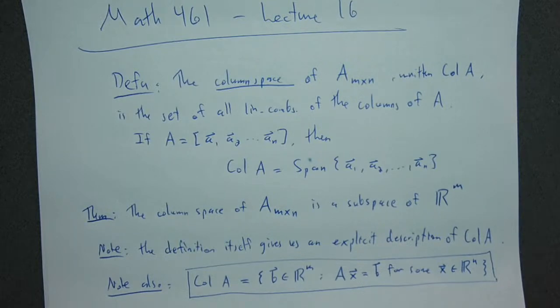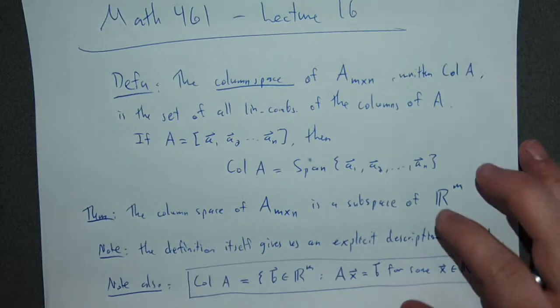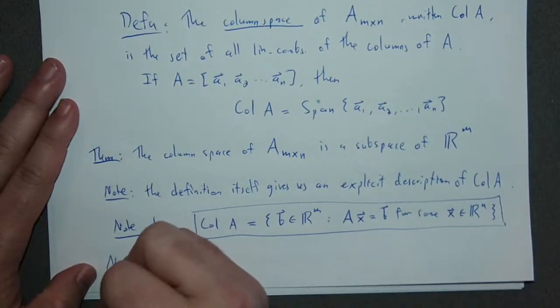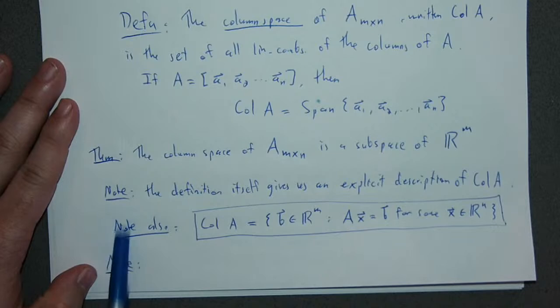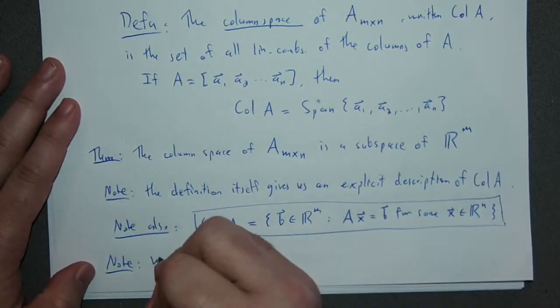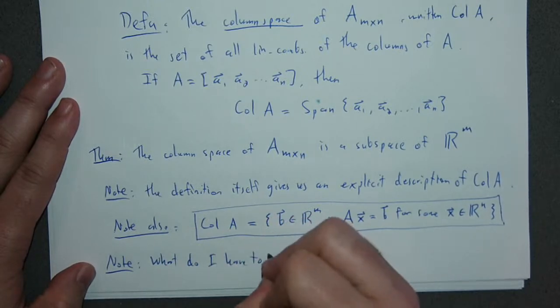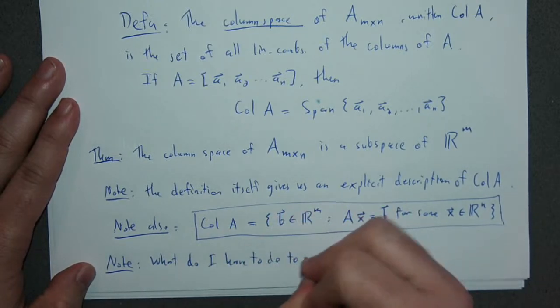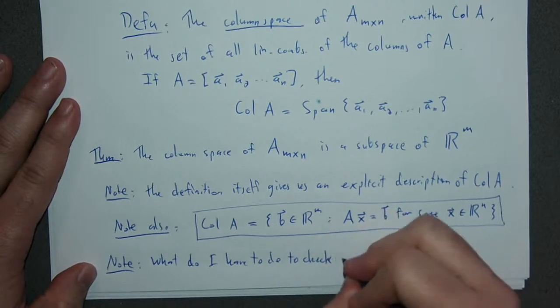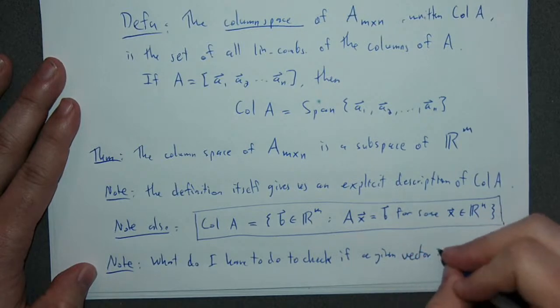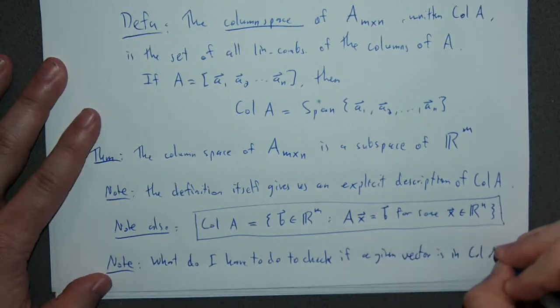So then what does this mean? Well, this means, note, three notes in a row here: what do I have to do to check if a given vector is in the column space of a matrix A?